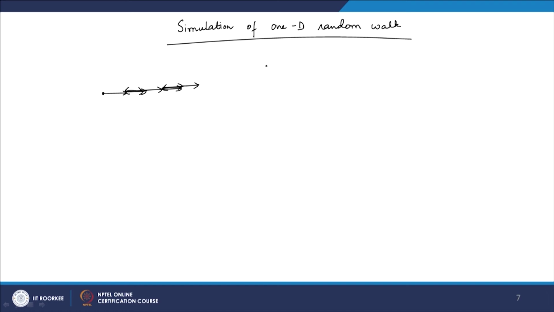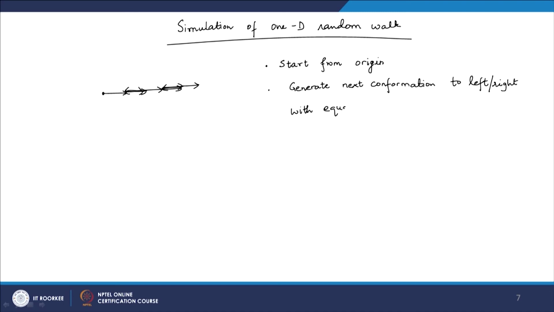The way to do that, again, I can start from the origin, then you generate the next conformation to left or right with equal probability, that is 1 by 2.